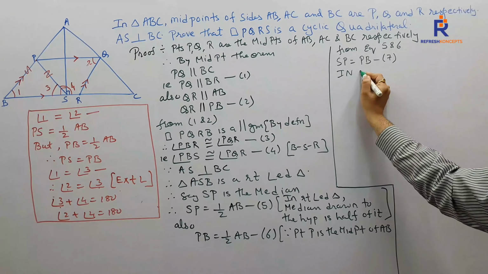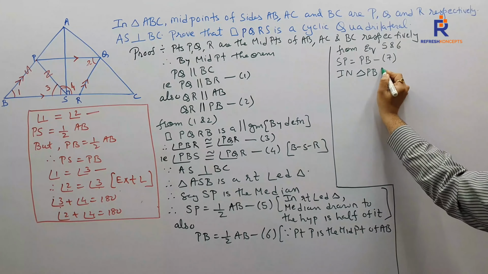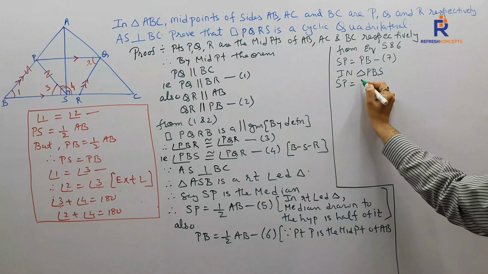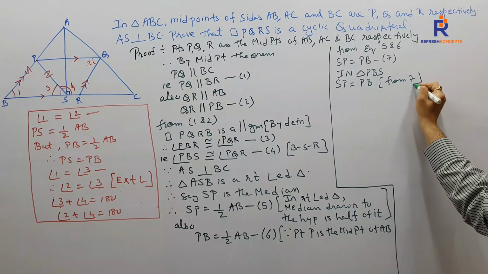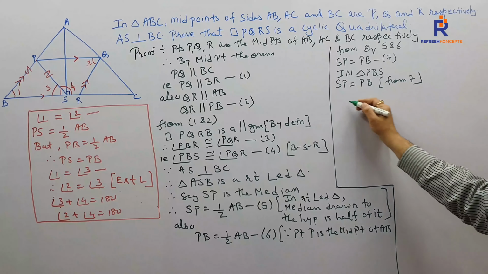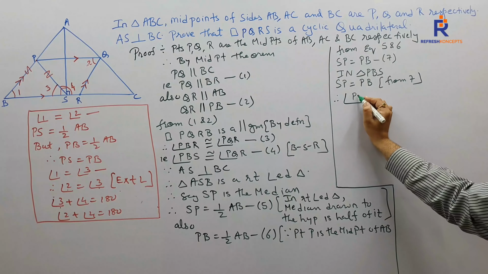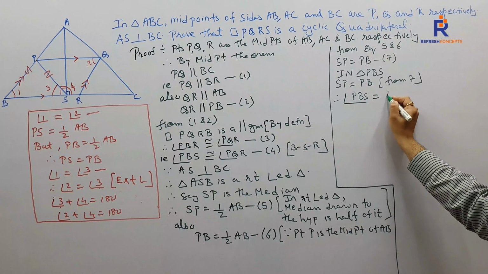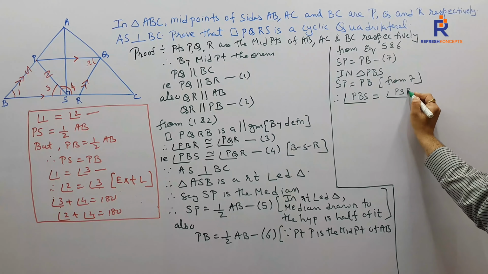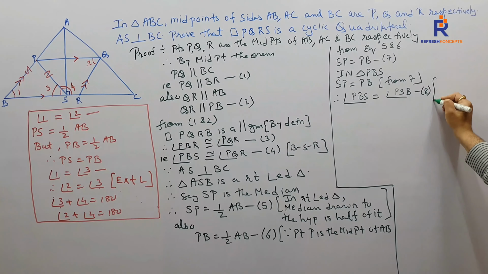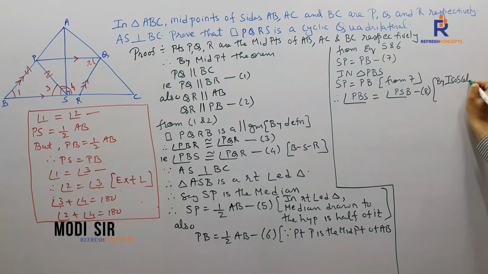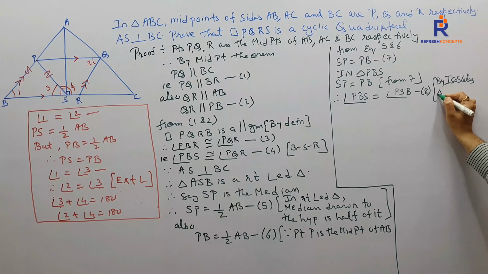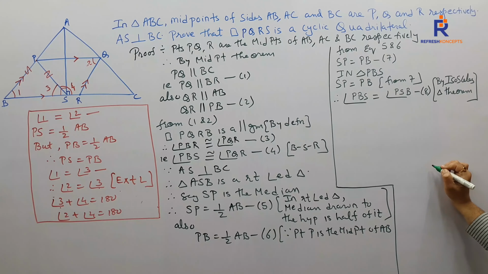In triangle PBS, SP is equal to PB. From where did you get it? From equation 7. Therefore, are the base angles congruent? Angle PBS equal to angle PSB. Equation 8, by the isosceles triangle theorem.